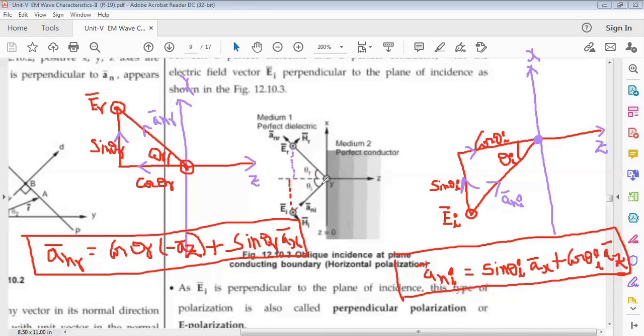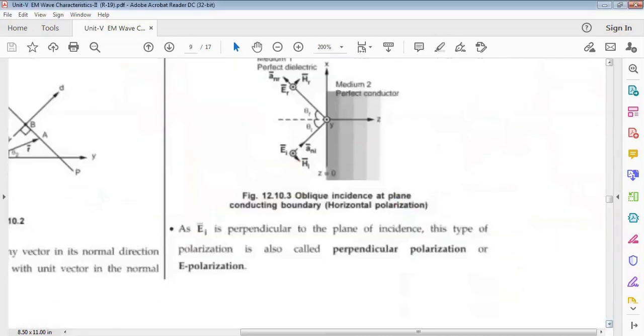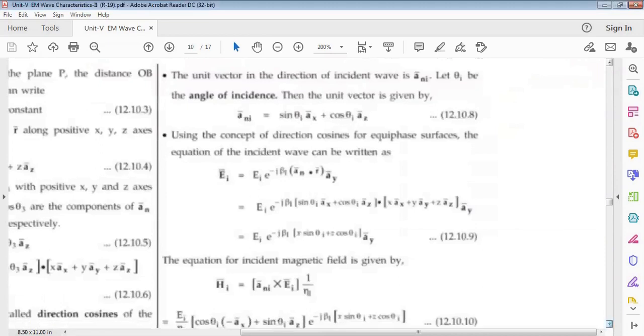We can also call it E-polarization. Understood? Now let us see the other equations. I hope you understood how we got the ANI and the ANR bar. The next, go for the other equations.